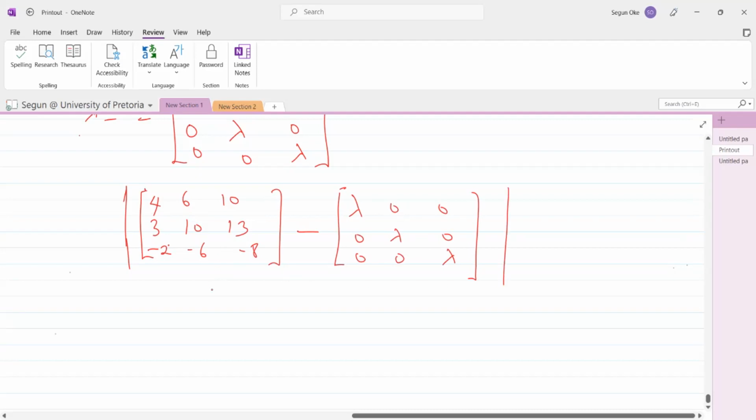We are finding the determinant of those two. So at the end of the day, we have 4 minus lambda, 6, 10, 3, 10 minus lambda, 13.